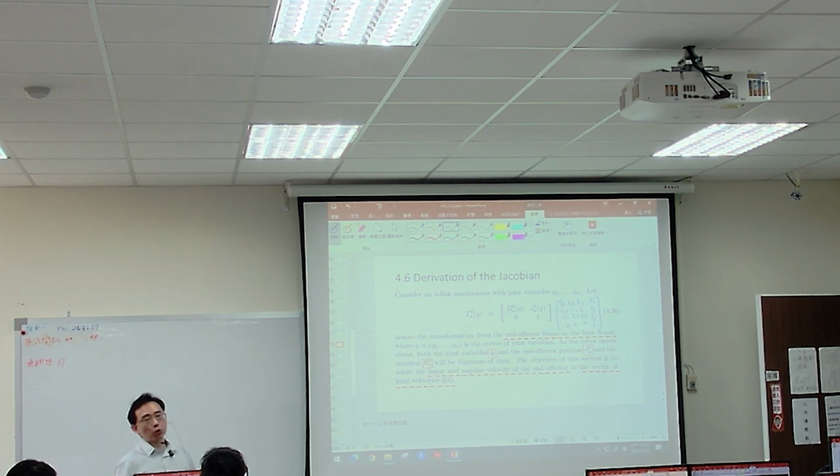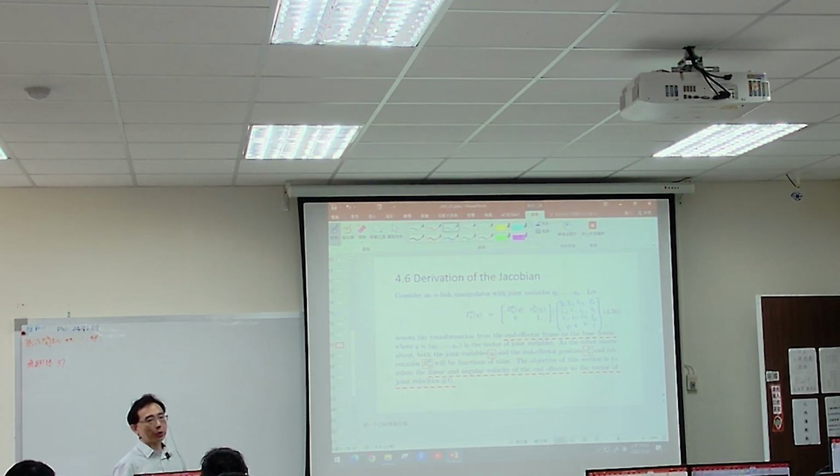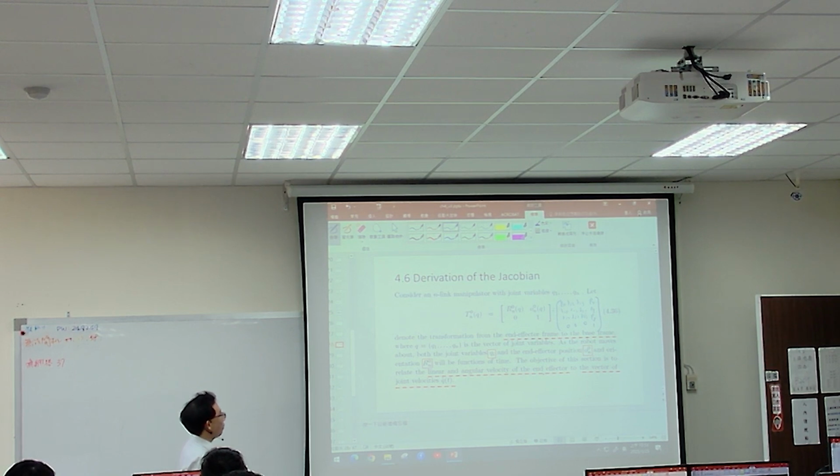The issue for the previous transformation T_i is that we only have the variable q, but we don't have any idea about q dot, which is the velocity. So here we try to build up this relationship through the Jacobian.